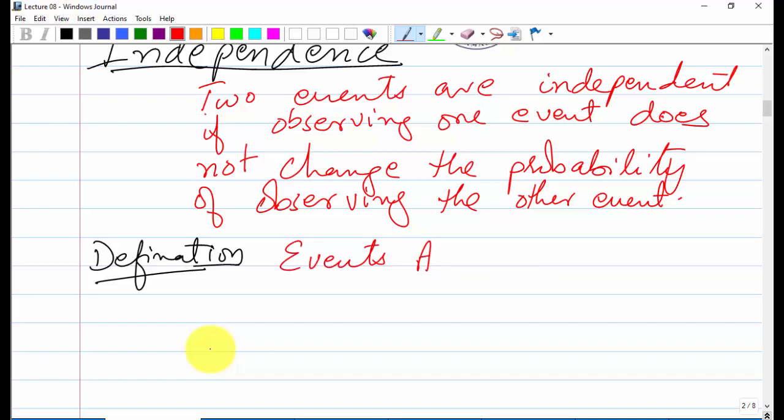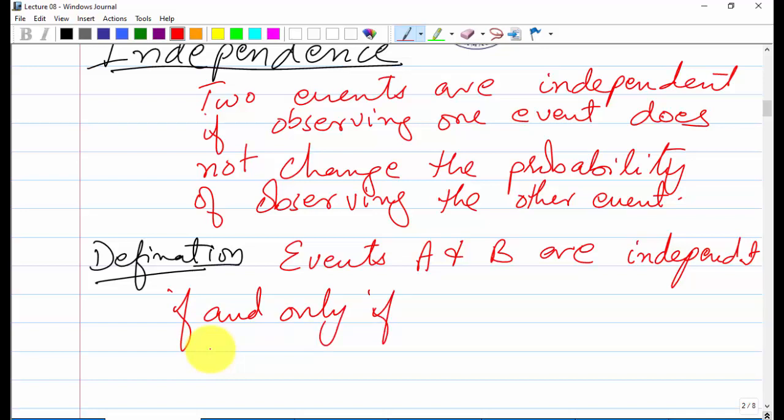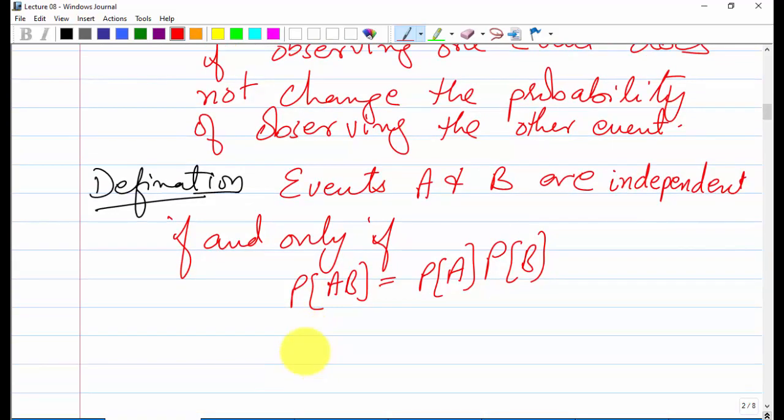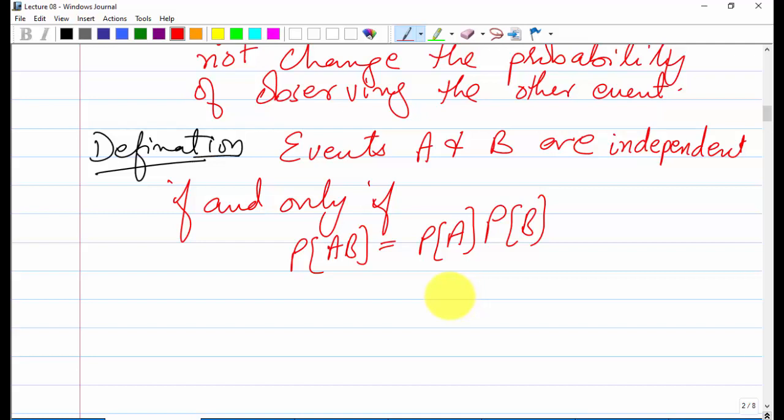Events A and B are independent if and only if probability of AB is equal to probability of A into probability of B. So it means that if we take the intersection of two events and then find out the probability, and if it is equal to the product of their individual probabilities, then those events will be independent events.